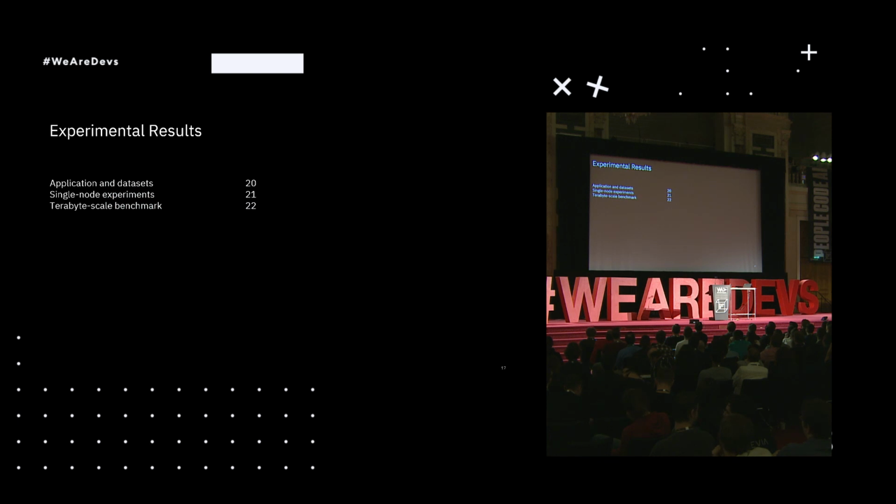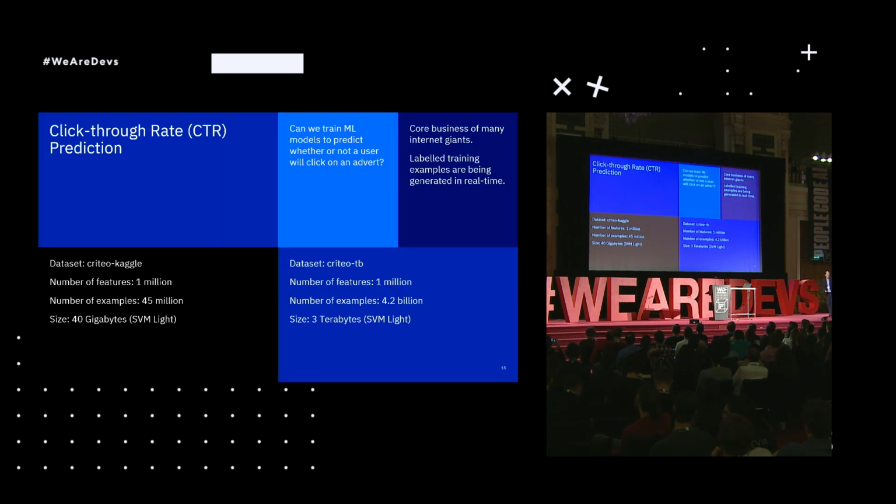So just a little bit of experimental results, hoping there is some time. I chose to show you some experimental results from an application that I think everybody here knows and understands. This is called click-through rate prediction. This is basically the business of many of the internet giants today. As you know, every time you visit a search engine, you're hit by all these advertisements.